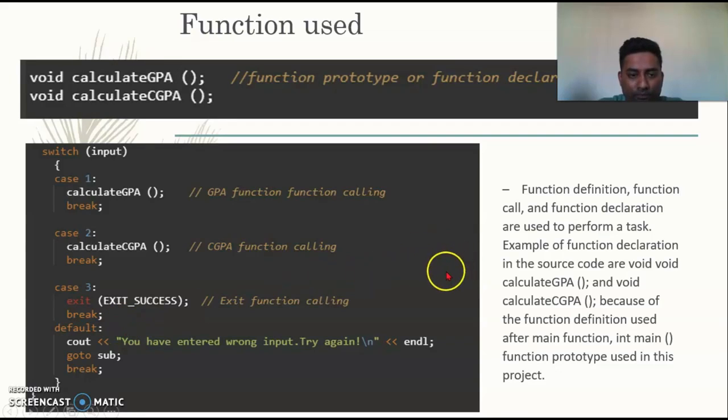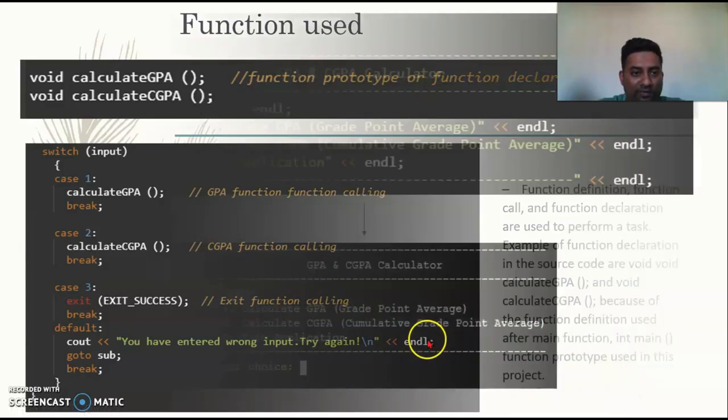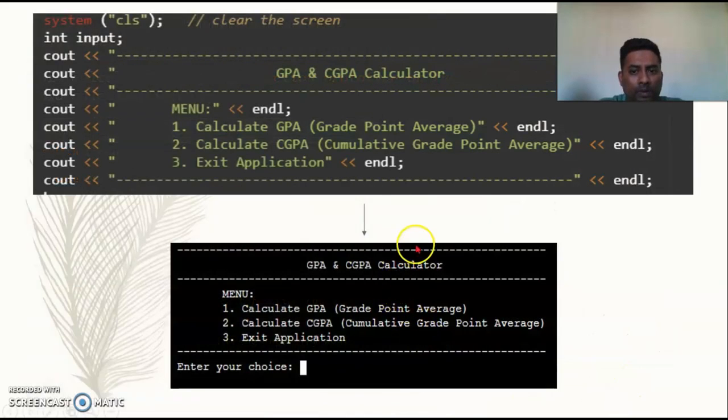Because we use function calling before the function declaration, we need to use a function prototype. As you can see here, this is the menu output. So this is the coding that we developed in the compiler.